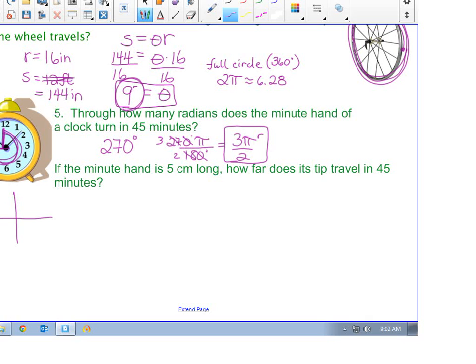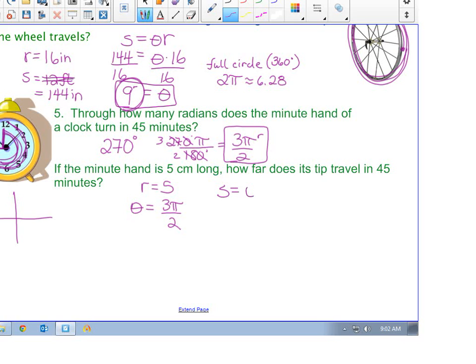Now it says the minute hand is 5 centimeters long, that's going to be our radius. How far does its tip travel in 45 minutes? We already know our angle is 3 pi over 2 radians, and they're looking for how far it would travel along the outer edge of the circle with a radius of 5. That's S, the arc length.